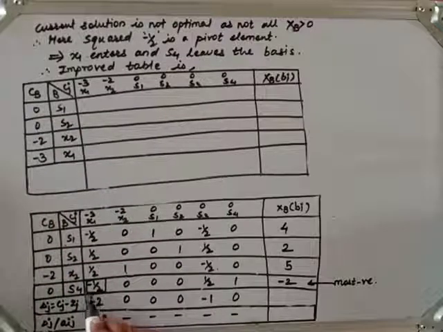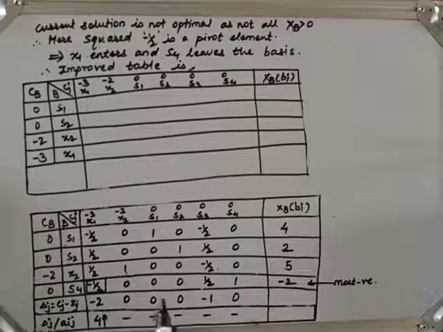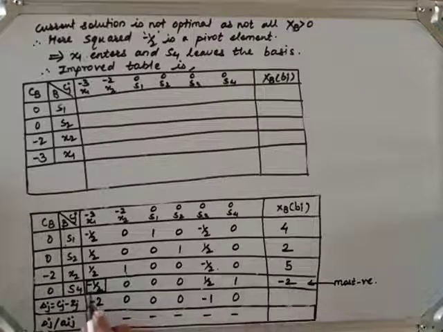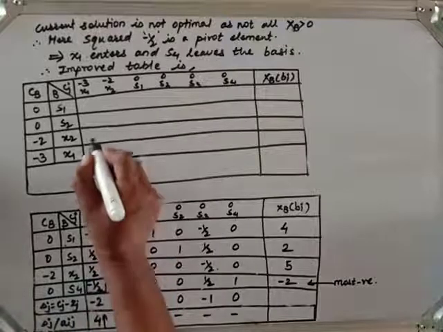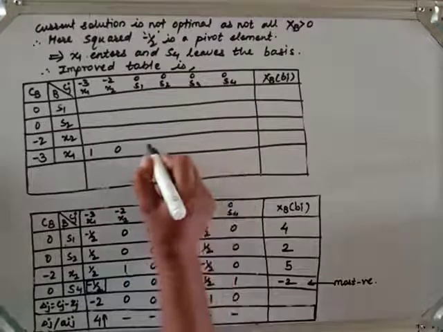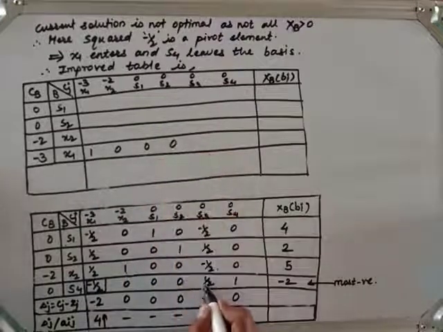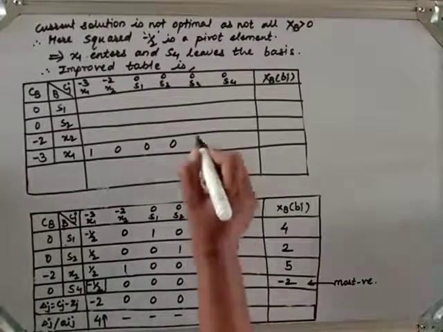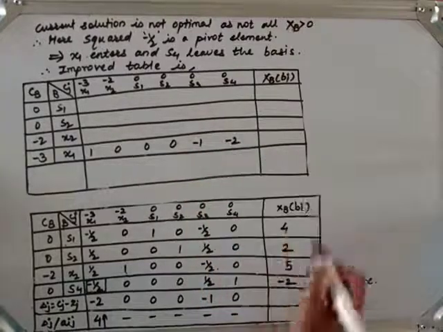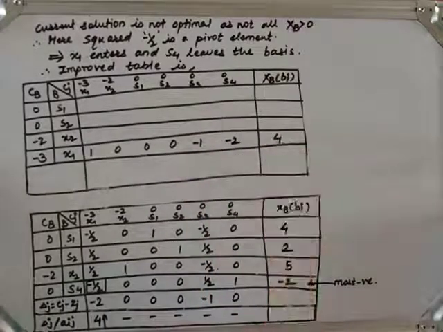Now we have to make this -half as 1. So for that, multiply throughout by -2. We get 1, 0, 0, 0, and -2 times half, which is -1. This is -2, and -2 into -2 becomes 4.